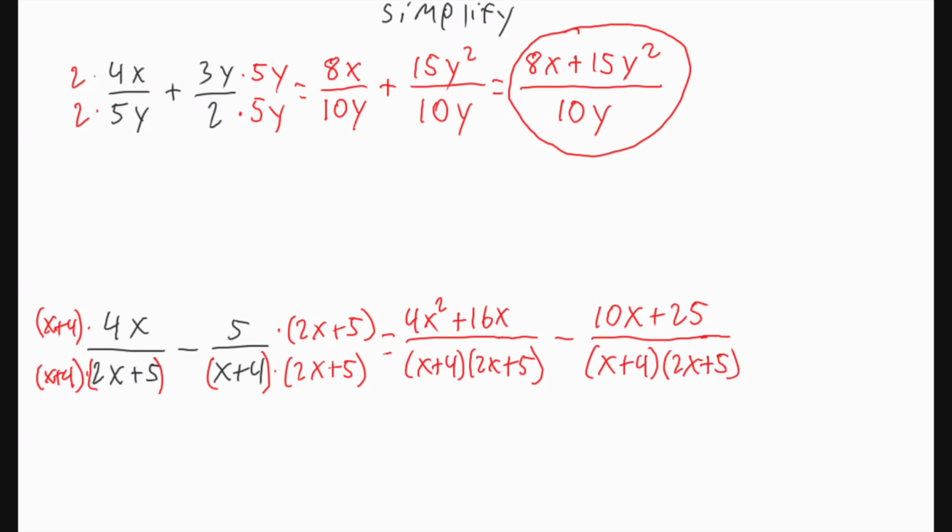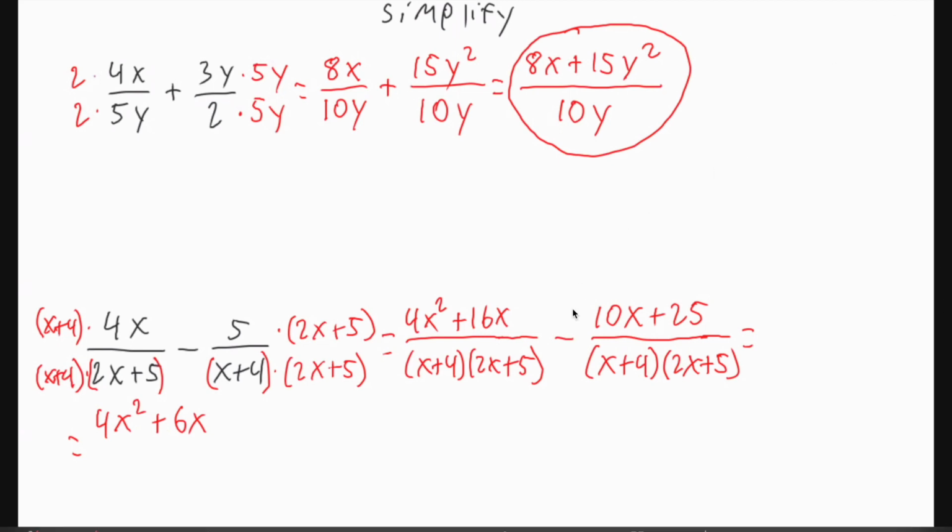Now we can combine those. So 4x squared stays there. 16x minus 10x is positive 6x. Don't forget that this minus goes to everything. So we subtracted the 10x to get 6x, and then minus 25 as well.